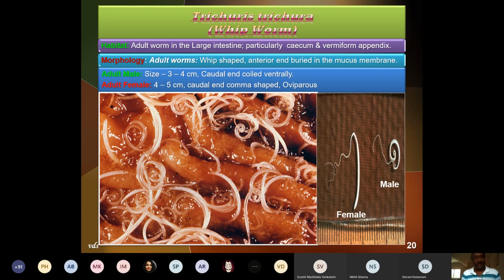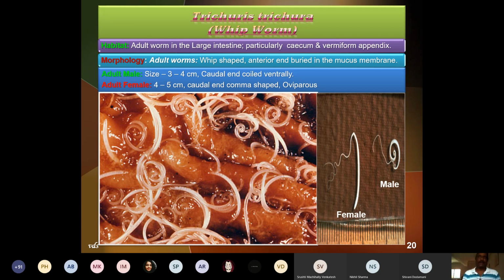The female measures about 4 to 5 centimeter; 3/5 of the anterior end is very, very thin, whereas the 2/5 portion is slightly stouter, elongated and comma shaped.